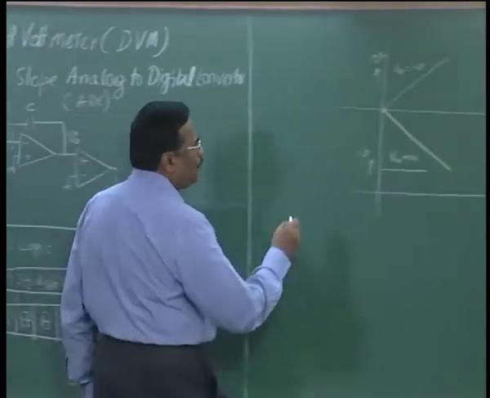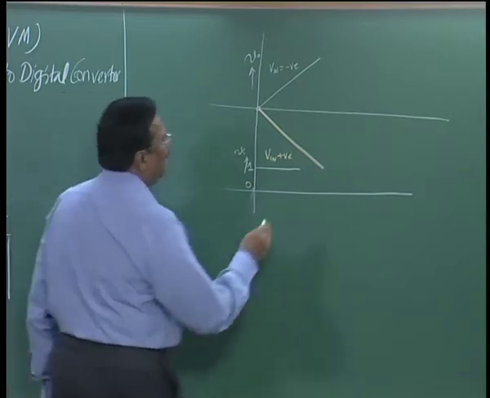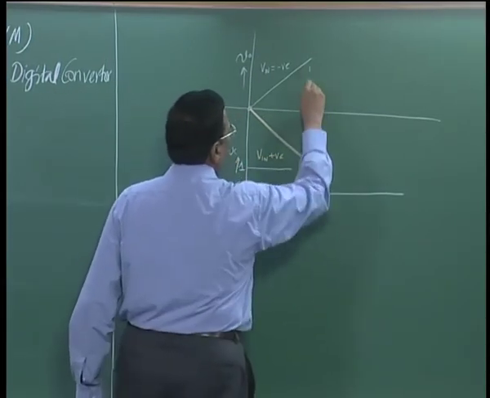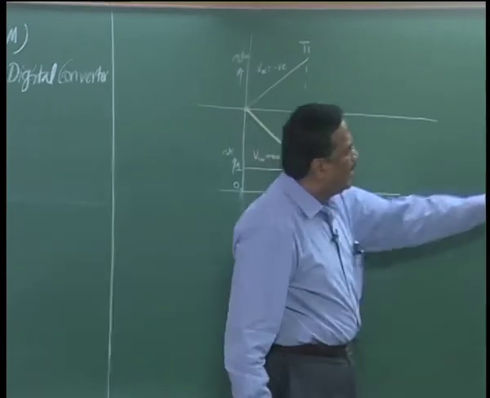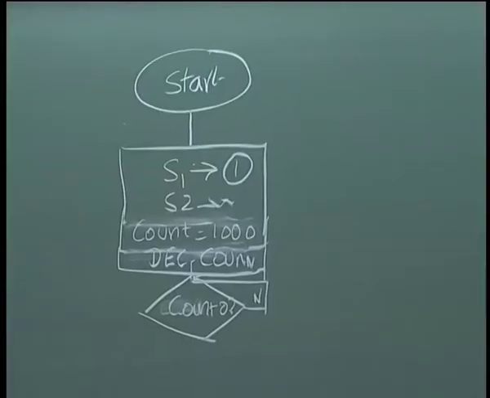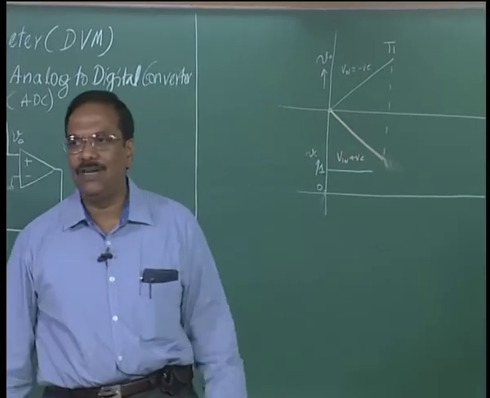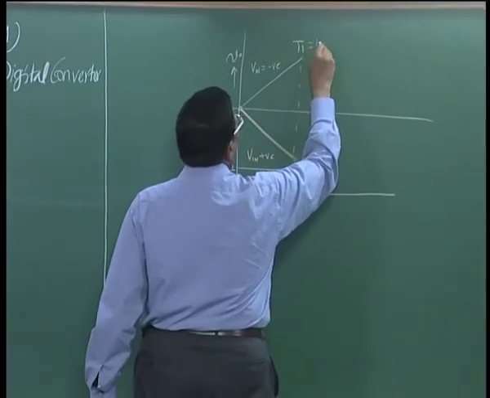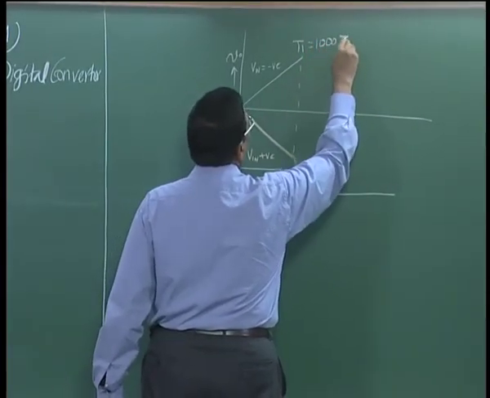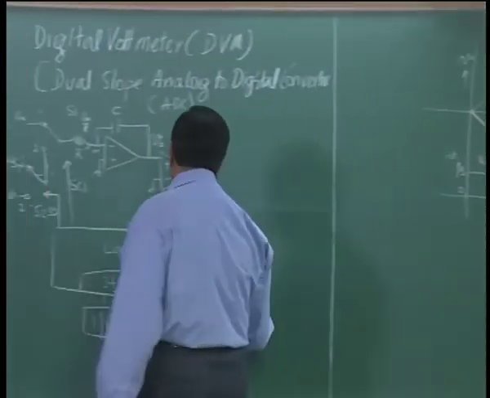So, Vc would become 1, Vc is either 1 or 0, and at the end of T1, which is when count 1000 is over, it decrements counts: 999, 998, until 1000 counts are over. So, T1 itself is equal to 1000 times Tc, where Tc is the clock period given to the counter.